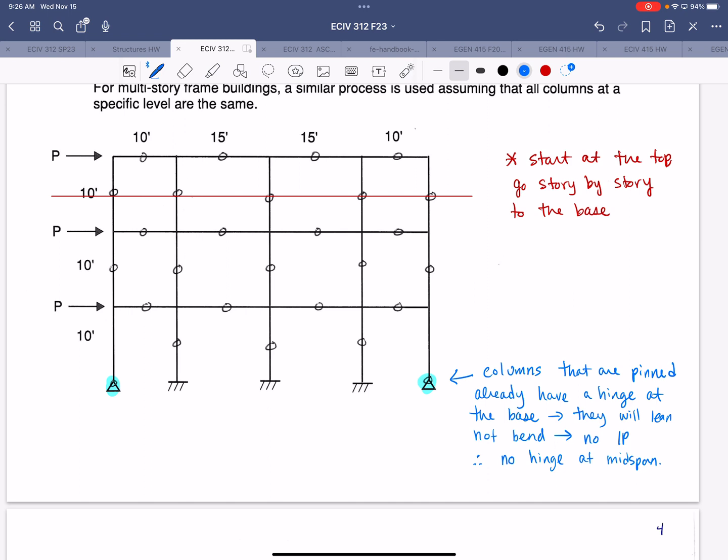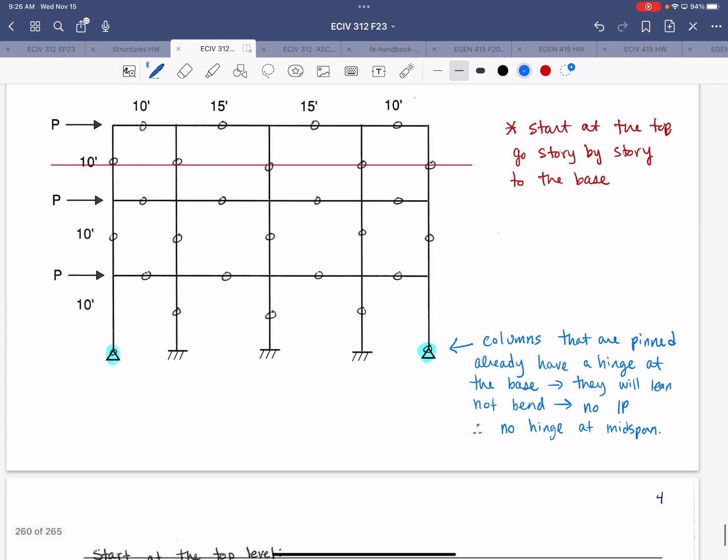We'll look at that later, and I'll use that to talk more about finding the end moments and drawing the moment diagrams. And then on D2L, there will be another example that's completely worked out with more commentary for you to reference. So that's what's coming up with the portal method.